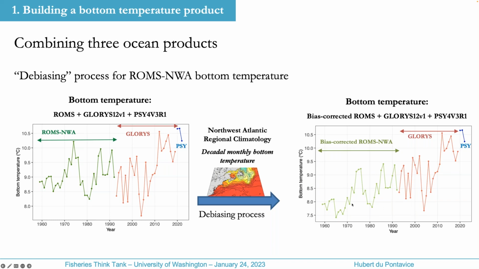And then we used these biases estimated in every grid cell for each month and each decade to bias correct ROMS. Here you can see on the right figure that the bottom temperature time series of ROMS and GLORYS are much more consistent. And we use this combined data set to analyze the long-term trend changes in bottom temperature and calculate environmental indices such as the cold pool index.